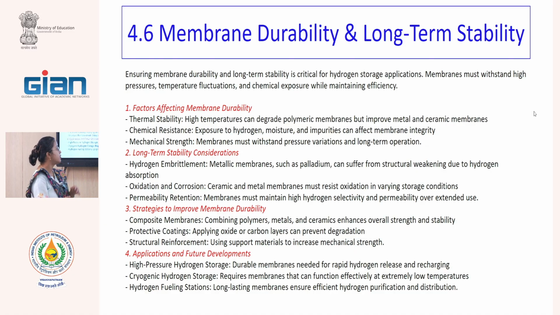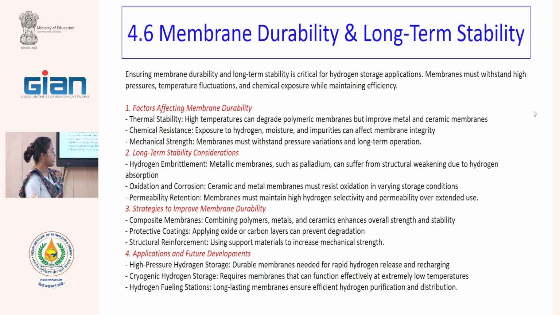These are the durability tests that we do in the lab, but in real life we can have a reduction in durability due to many aspects, like thermal stability, if there is a high temperature gradient during the operation, or if there is exposure to some chemical, then our durability goes down in real life.